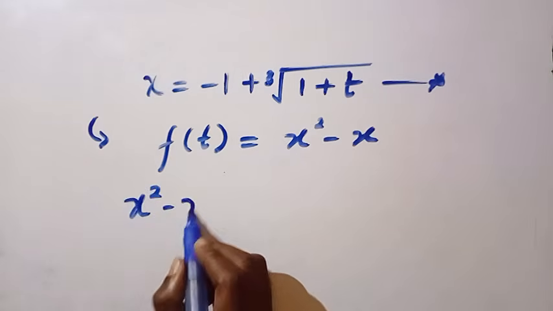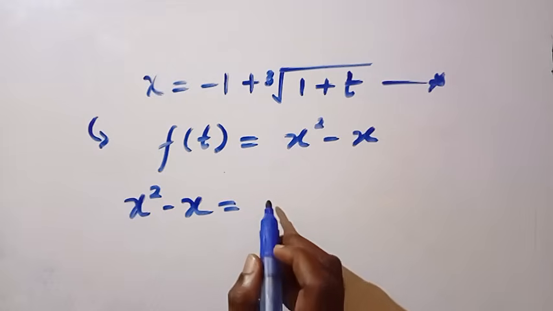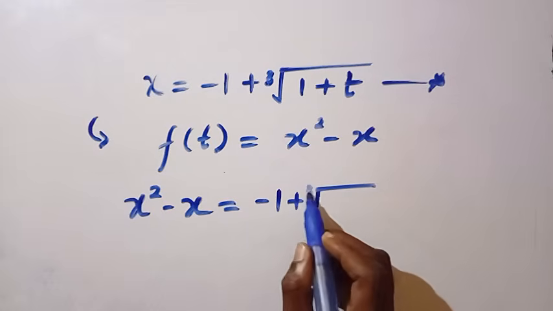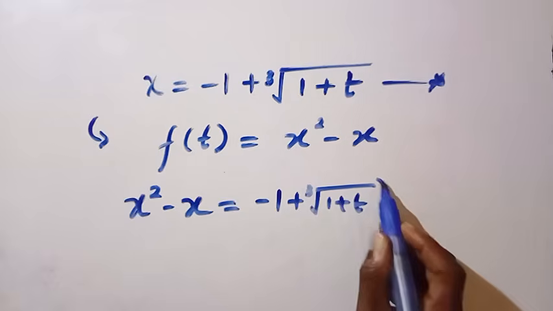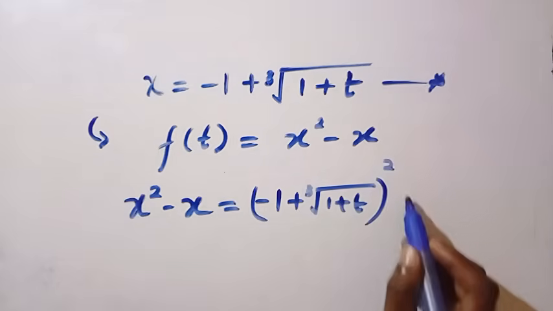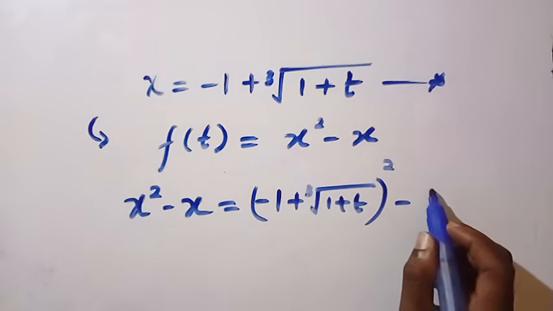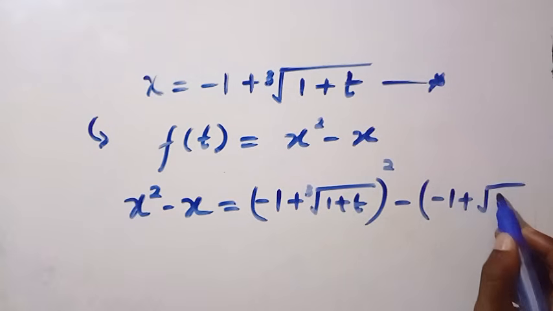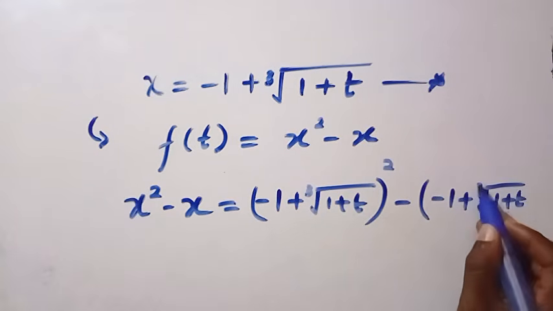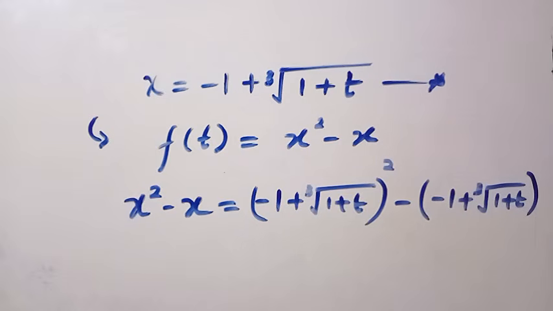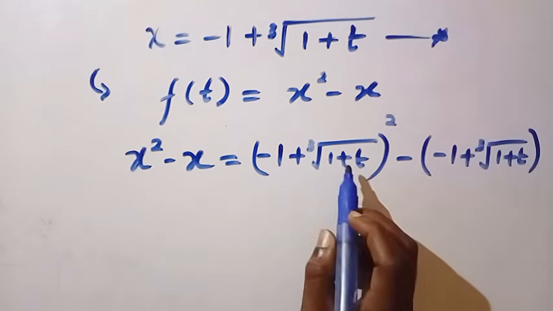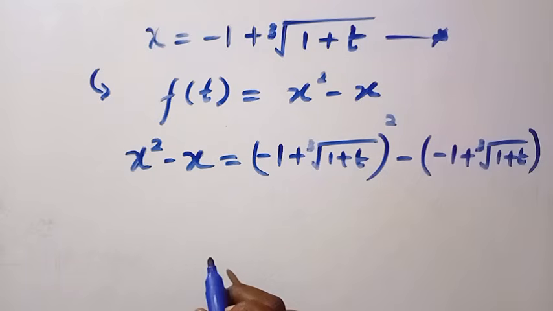From x squared minus x, this is just like substituting (minus 1 plus the cube root of 1 plus t) all raised to the power of 2, minus (minus 1 plus the cube root of 1 plus t). We substitute before we expand.